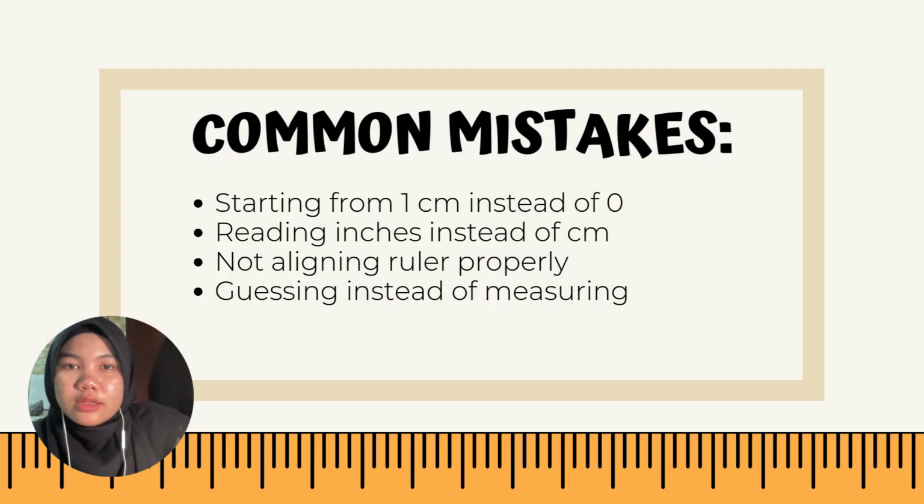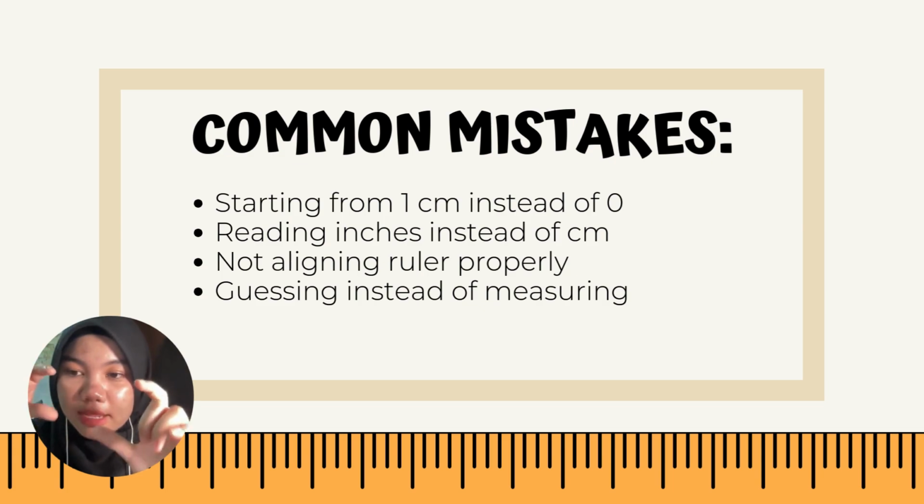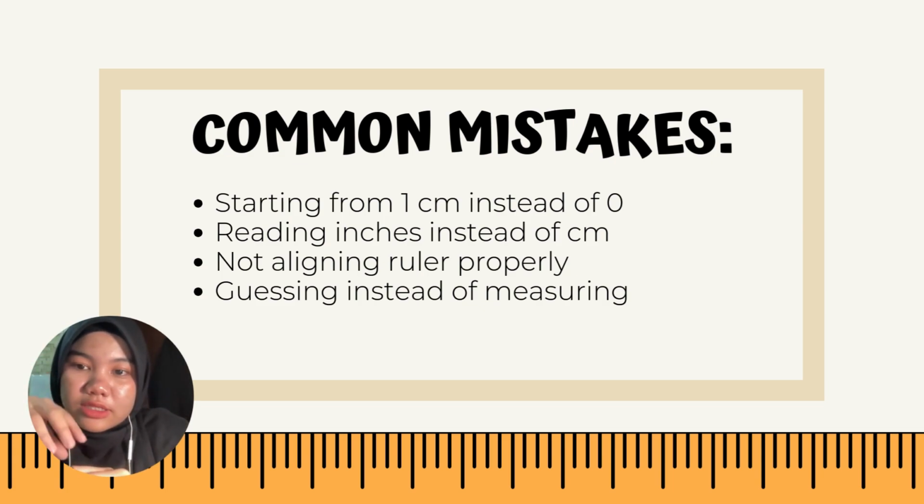They do not align the ruler and object properly. And they always guess instead of checking the correct measurement. So how do we avoid these mistakes? We'll use technology to help us do better.